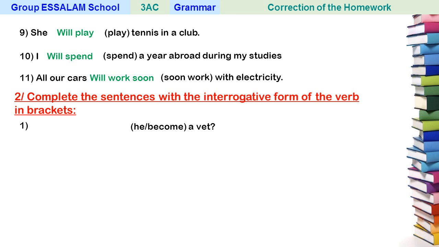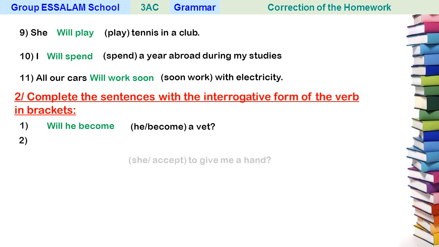So the answer here is, will he become a vet? You see? Very good. So we have will plus subject pronoun, he, plus the verb in the infinitive, become, plus a vet, the rest of the sentence.